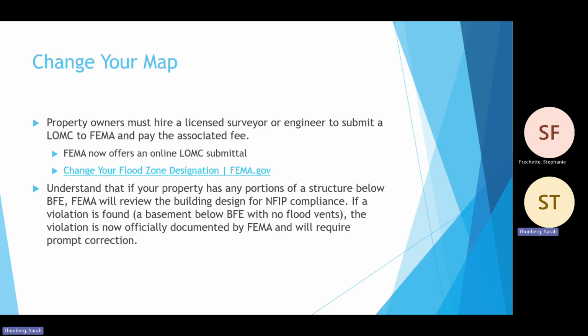That violation is now officially documented by FEMA and will require prompt correction. And this can be unexpected for a homeowner if you are not aware of all of your local regulations. So you want to ensure that when you do apply for a letter of map change, you check your town's floodplain regulations and make sure that your structure is currently in compliance with the local regulations.